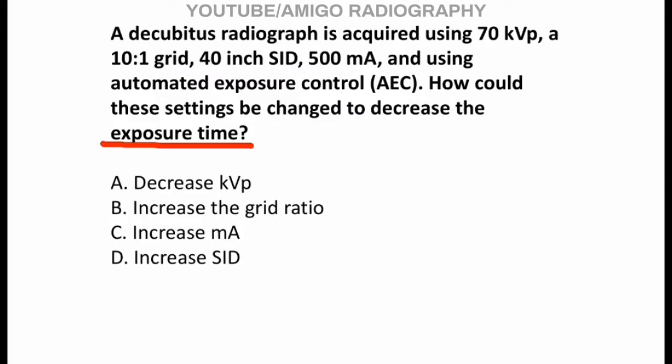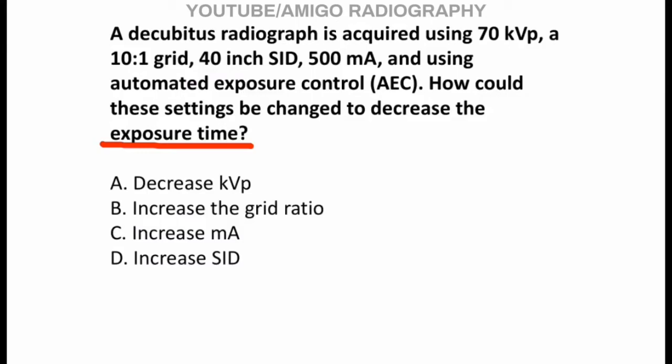So that is based on a few factors. kVp can affect this, the MA can affect this, lots of things can affect this. But what about the options that we have available? Which one of these options is going to decrease the exposure time? In other words, which one of these is going to cause the ionization chambers of the AEC system to fill up the fastest?